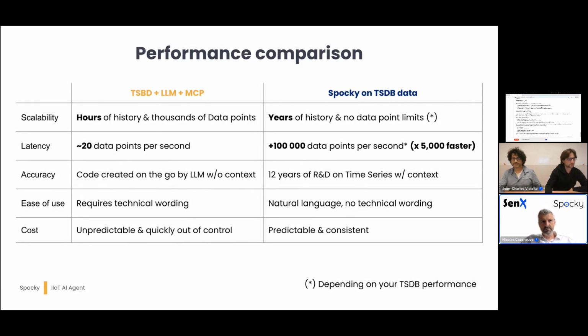In terms of ease of use, the LLM required a lot of technical wording, whereas Spocky could do everything in natural language. No additional technical wording was required. And you couldn't see it, but in terms of cost, obviously there's one that is predictable and consistent, that's Spocky, whereas cost can go quickly out of control with the bundle.